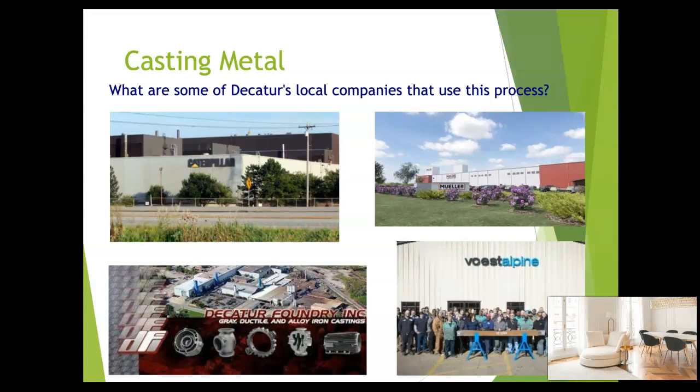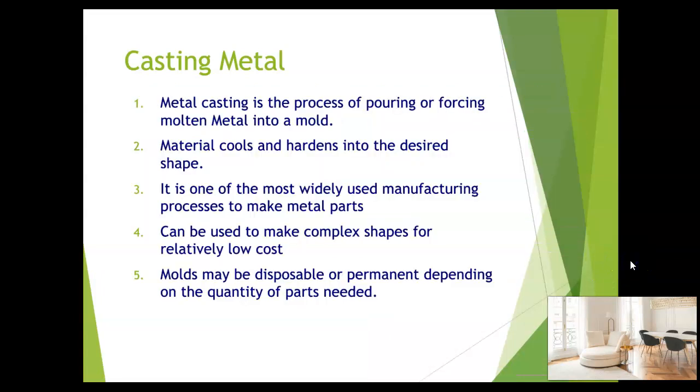Voestalpine, also known as Nortrac, is a company that manufactures stuff for the railroad industry, largely your train track. They do a lot of this over there at their plant. And of course, we have Decatur Foundry as well that specializes in gray and ductile iron and other types of alloy castings.